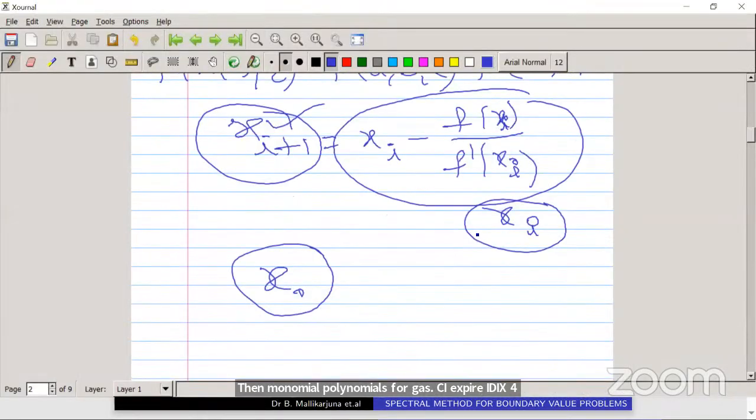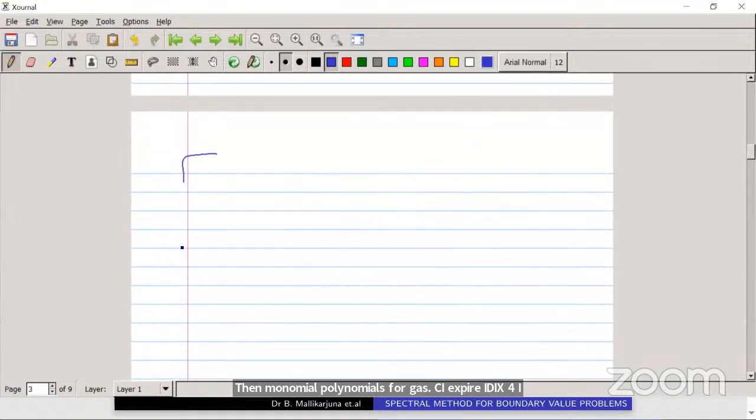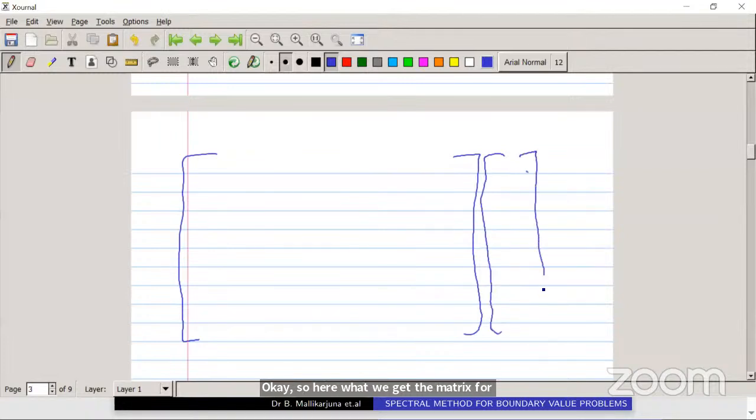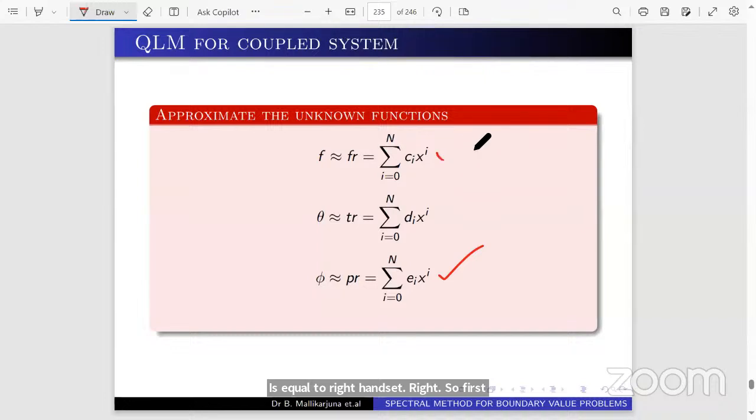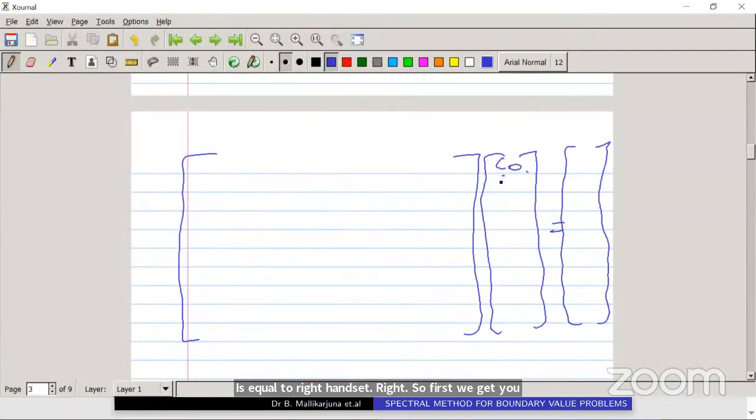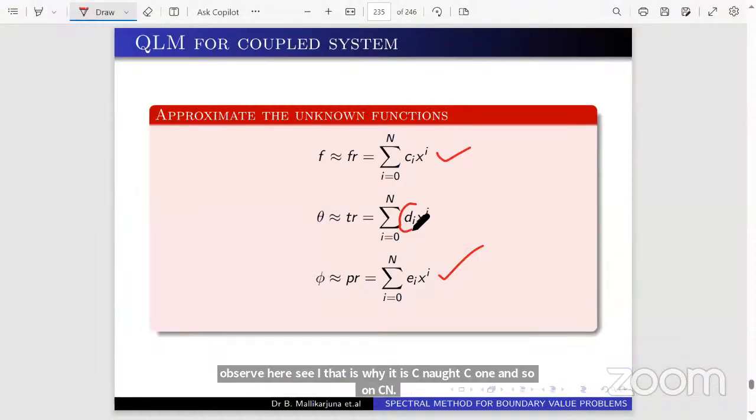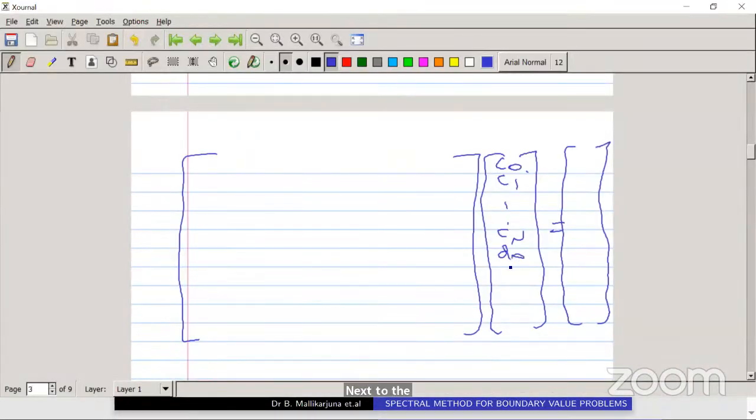Okay. So here what we get is the matrix form, equal to the right hand side. Right. So first we get, you observe here, Ci. That is why it is C0, C1 and so on, Cn. Next the coefficient is di, so d0, d1 and so on, dn.